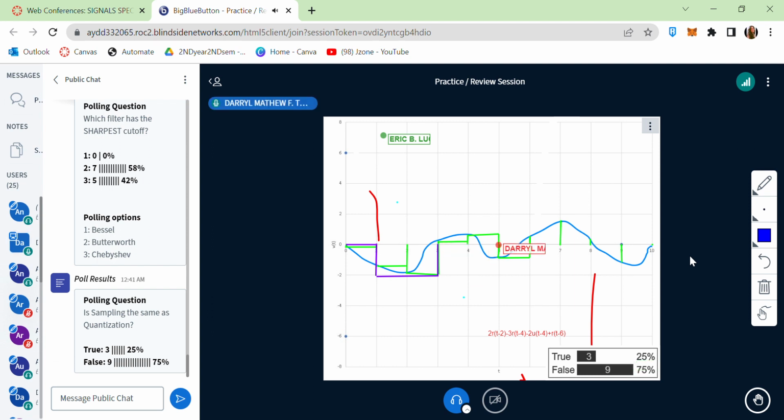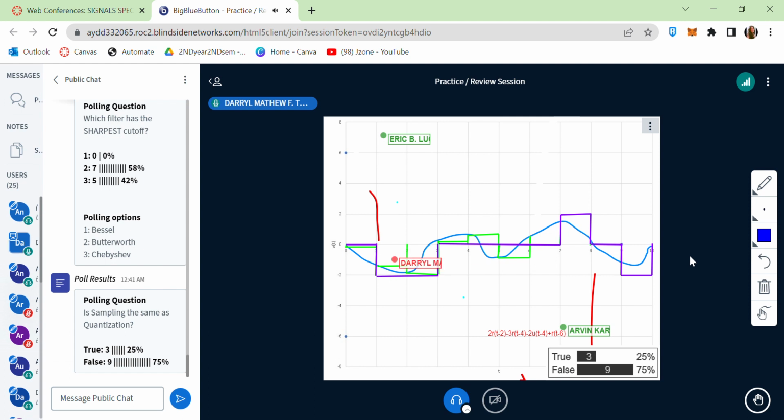Yung nasa book well, not sa book, but rather yung nasa module kasi, it's a bit too fine para mapansin siya. Pero with this, I think I am able to illustrate the concept a bit more. Parang ganito yung magiging itsura ng signal natin kapag na-quantize na siya.